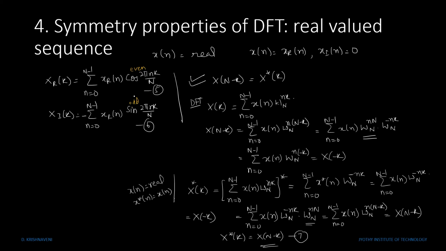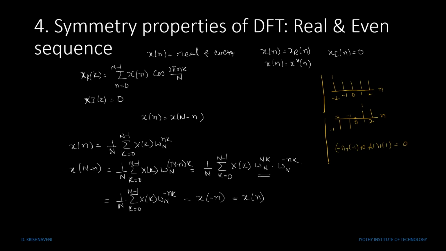Here, because x of n is odd, odd into odd will become even, like positive numbers we will get, so this summation holds good. But summation of x of n into cos theta, odd into even, this summation will become 0. So xr of k will become 0, and xi of k will be present.